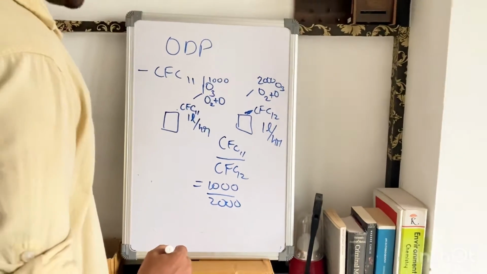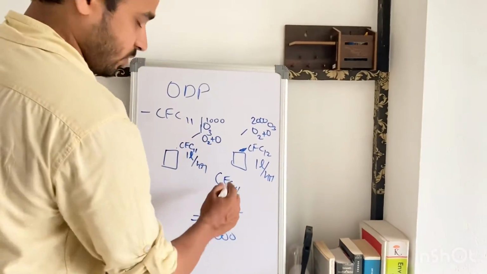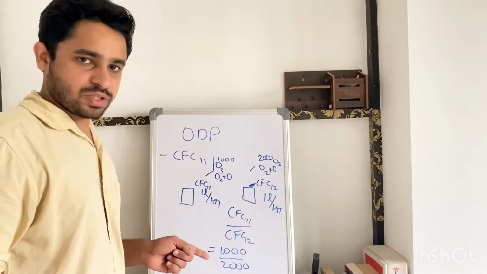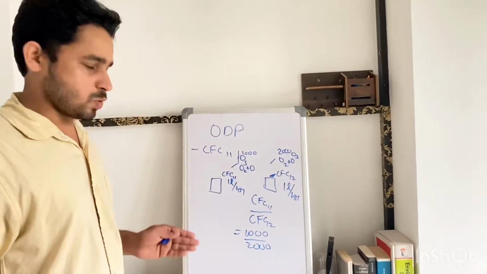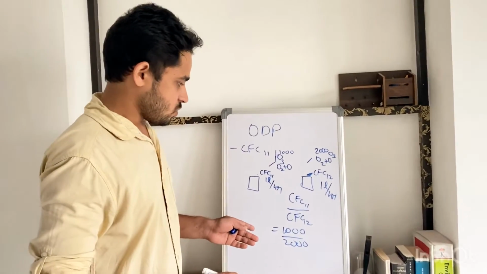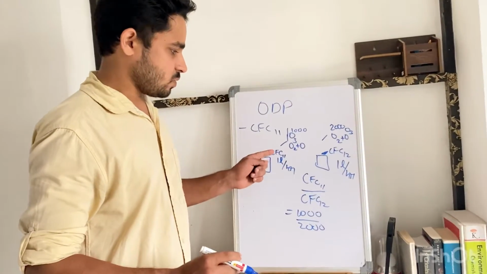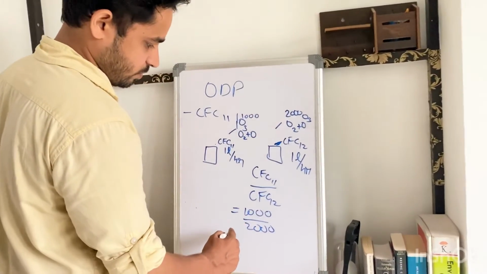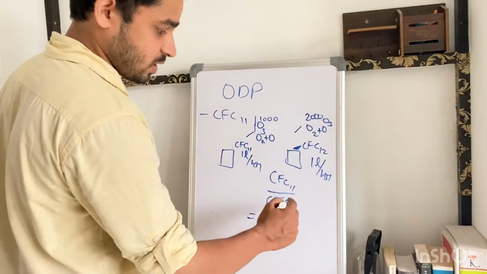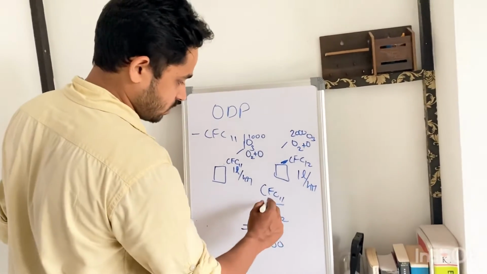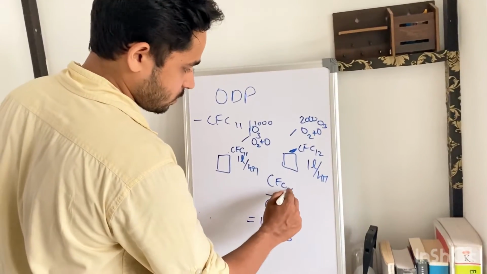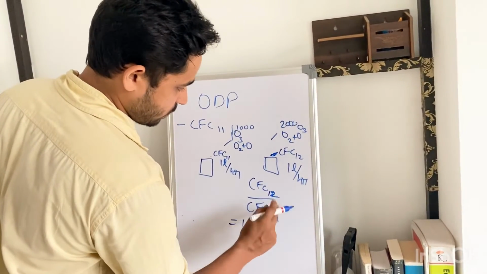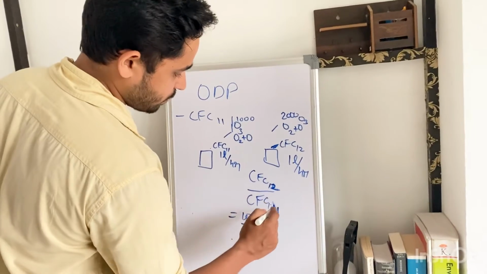Sorry, we first said that the ozone depletion potential of every gas will be in relation to CFC 11. So CFC 11 will come down, it won't be up. CFC 11 will be down and CFC 12 will be up.